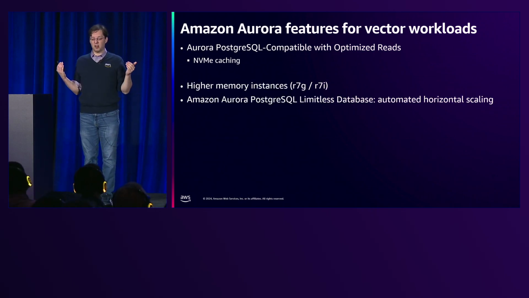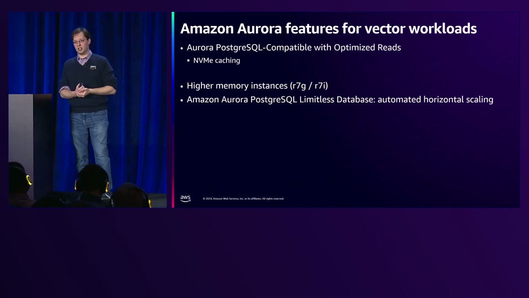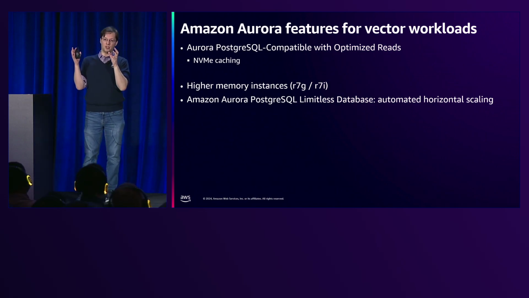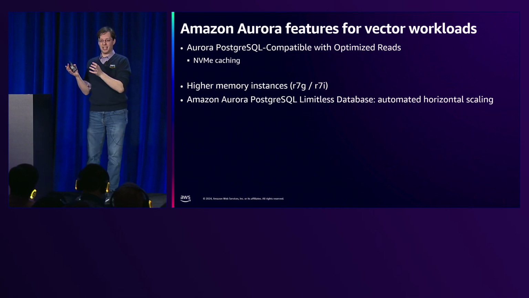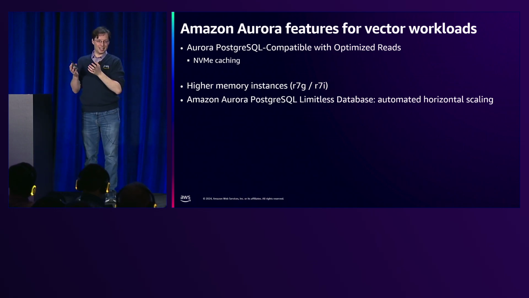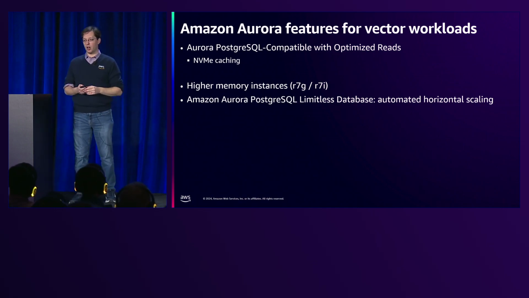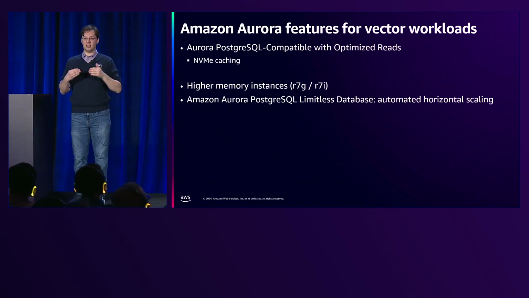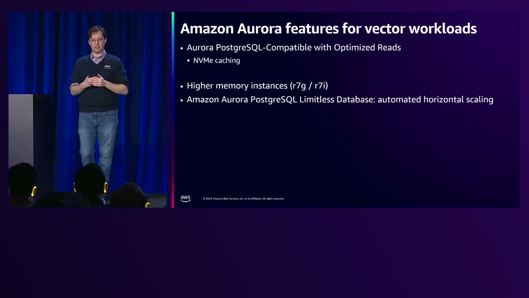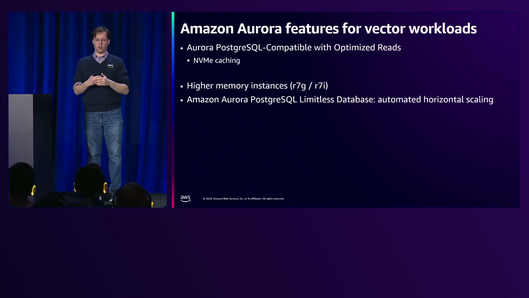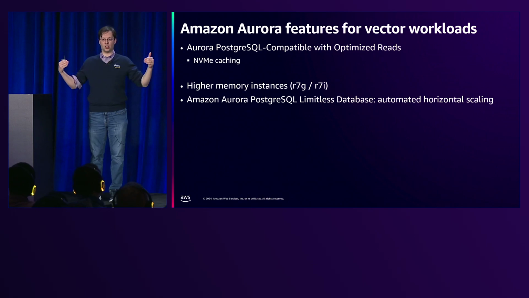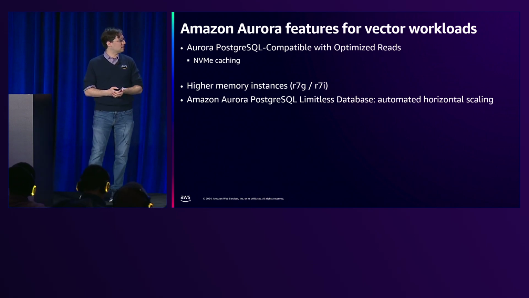There are also higher memory instances in Aurora, for example the R7Gs and R7Is, so you can keep more of your vector data in memory. And as we've seen, vector data, particularly the index vector data, can be fairly large. If your workload does exceed a single instance size, there's Amazon Aurora Postgres Limitless, which will automatically shard your data across multiple instances.